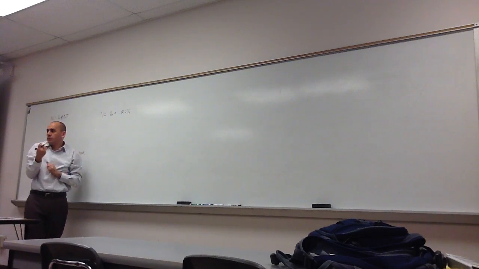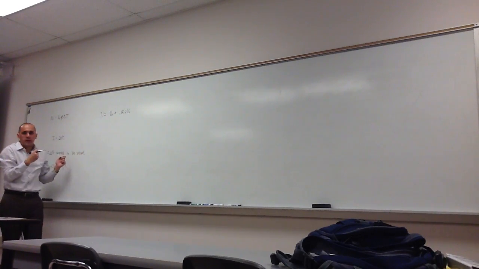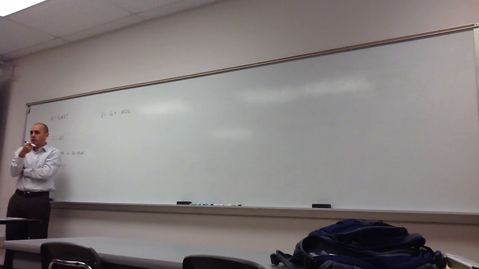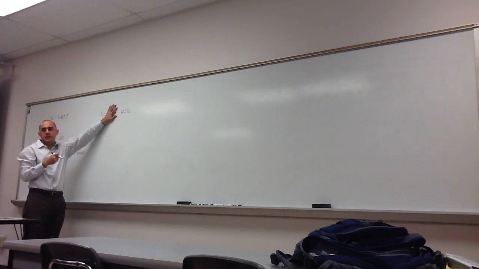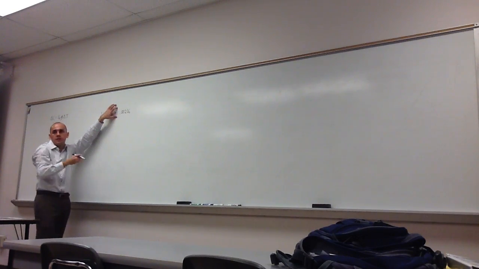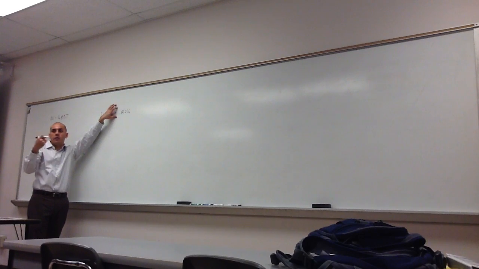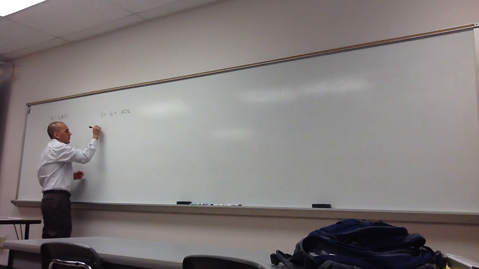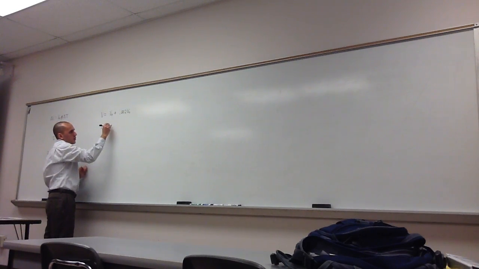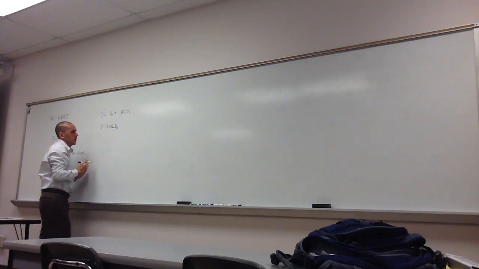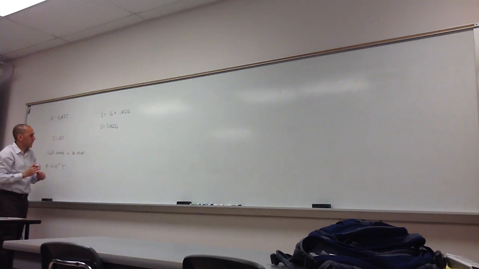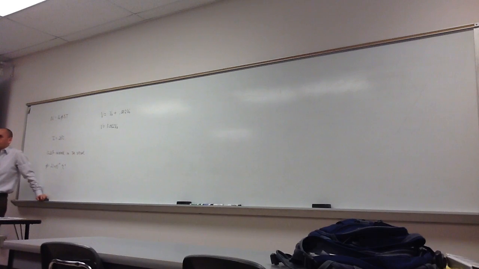If I'm increasing my volume by 0.2%, then my final volume needs to be bigger than what I started with. And if I just wrote this, this is just telling me the amount that it increased by, not what my final volume is. So my V is equal to 1.002 V naught. That represents the 0.2% increase in the volume.